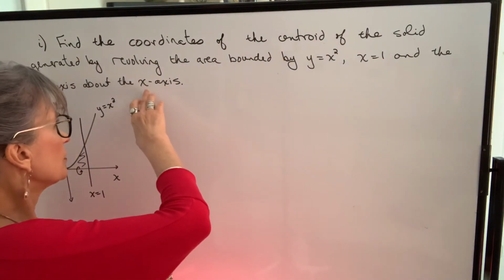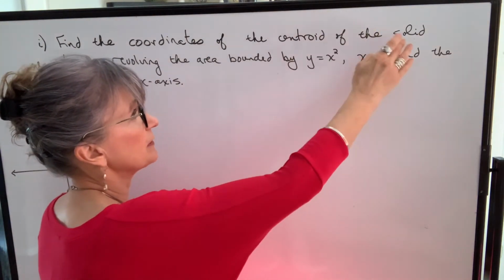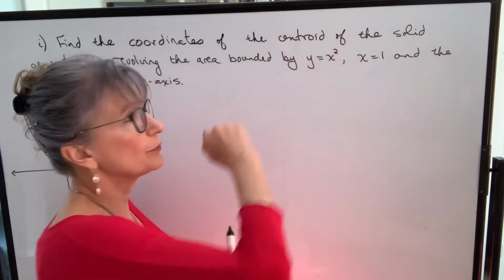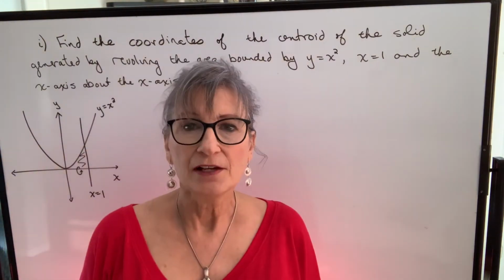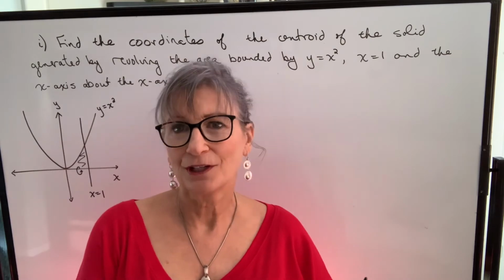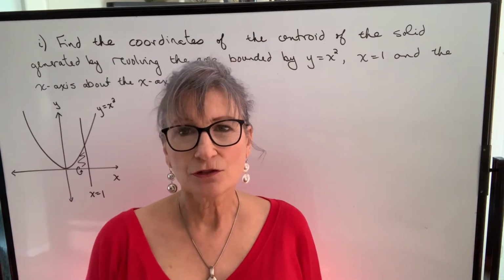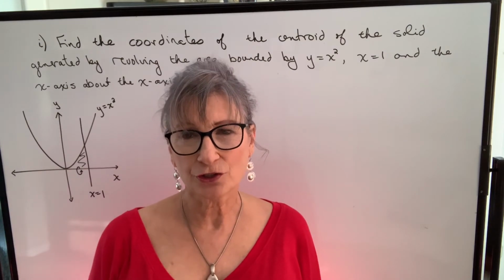You have to pay attention to where it's revolving. You have to pay attention whether it's a volume you're finding, or a centroid, or a moment of inertia. If it's not revolving, then it's an area, but are you finding the area, or are you finding the centroid of the area, or are you finding the moment of inertia of the area? So just read the question very carefully and look at your keywords.